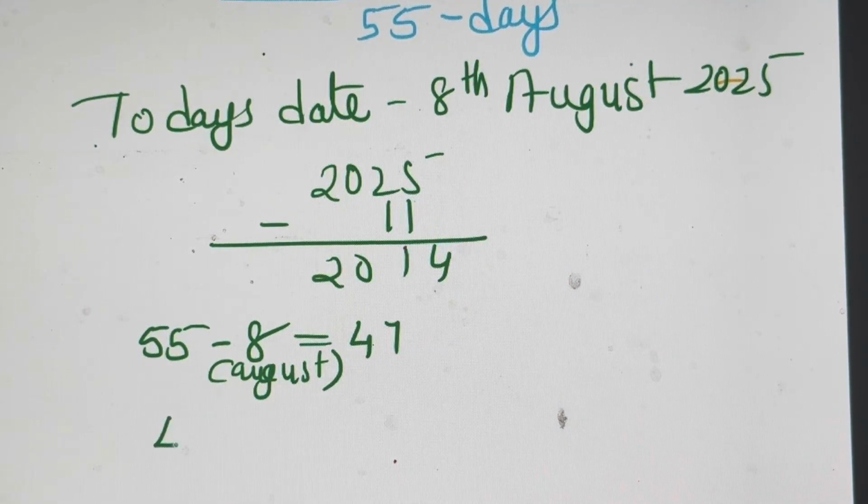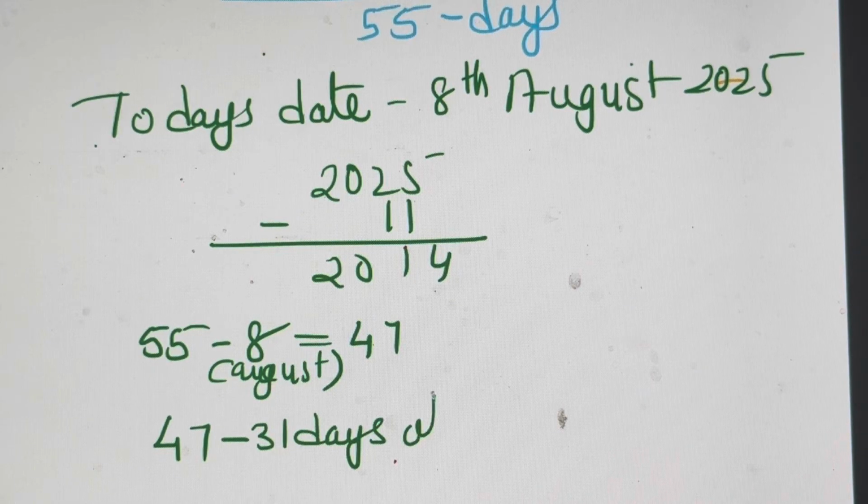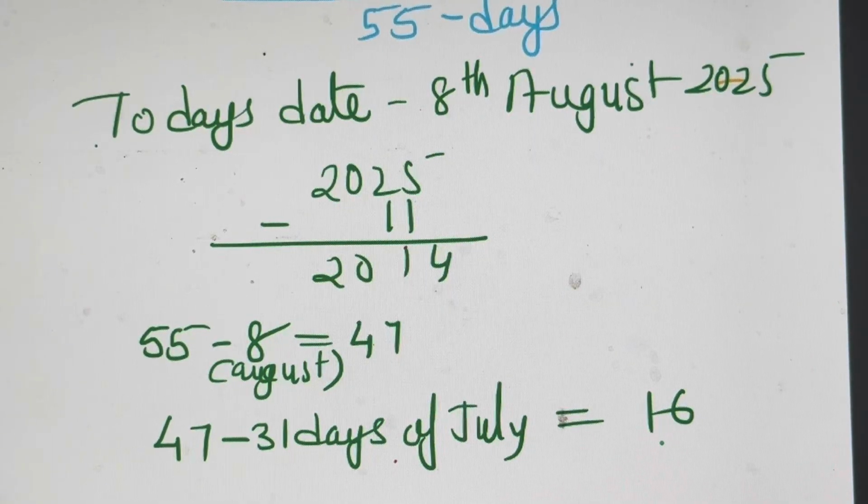Now, July has 31 days, right? So we subtract all of them. 31 days of July. I'm writing so that you remember. So 47 minus 31. 7 minus 1 is 6. 4 minus 3 is 1. So you are left with 16 days. Now, you cannot subtract the whole month.